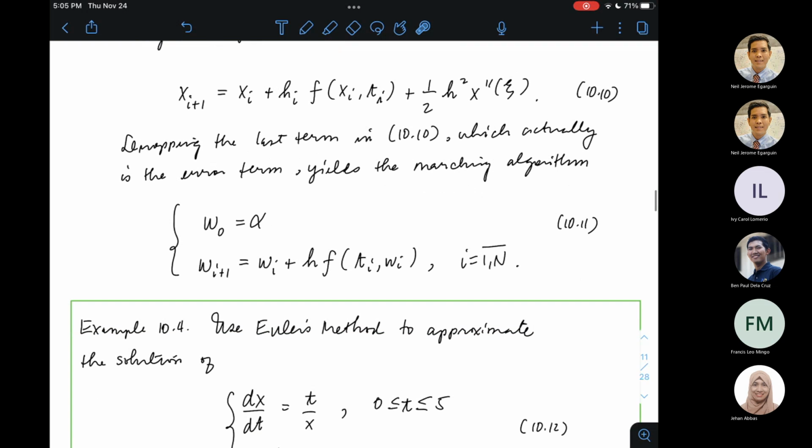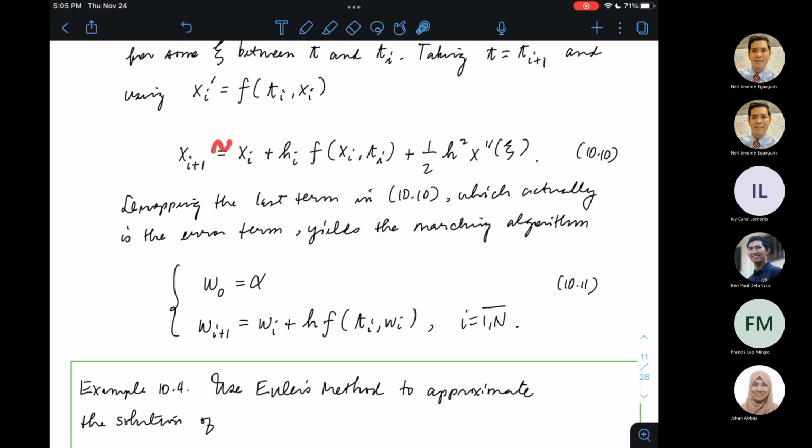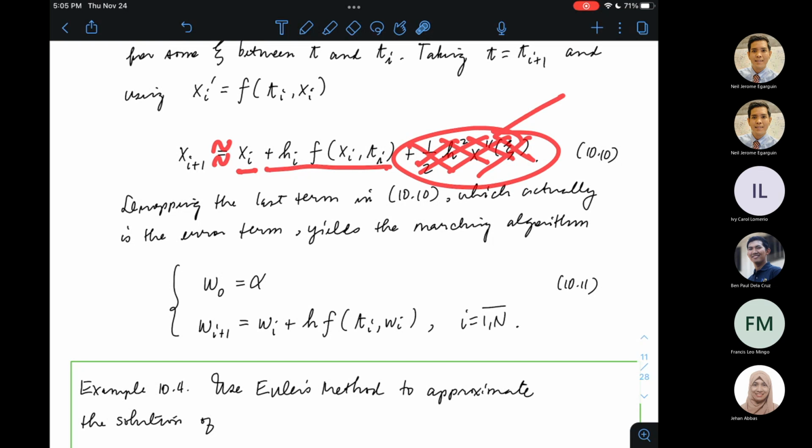And I'll drop this for a moment to get my estimates. So kaya ang pwede kong gawin pala, si x sub i plus 1 ay approximately equal dito plus this guy. Tapos tatanggalin ko to kasi wala akong access dyan. And I'm just hoping that this term is very, very small or something close to 0.